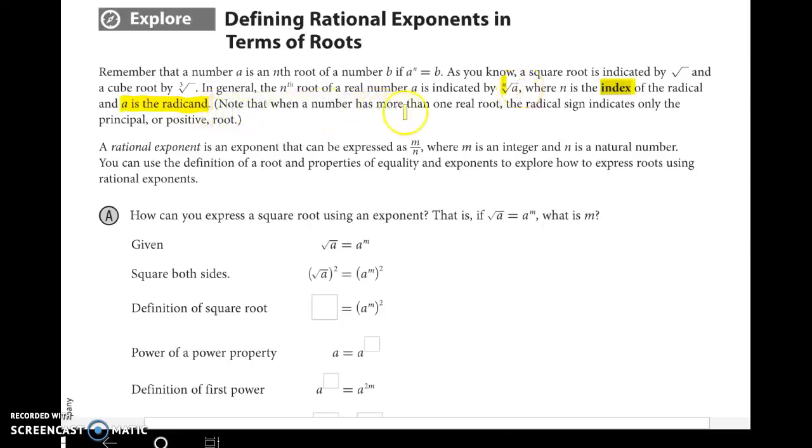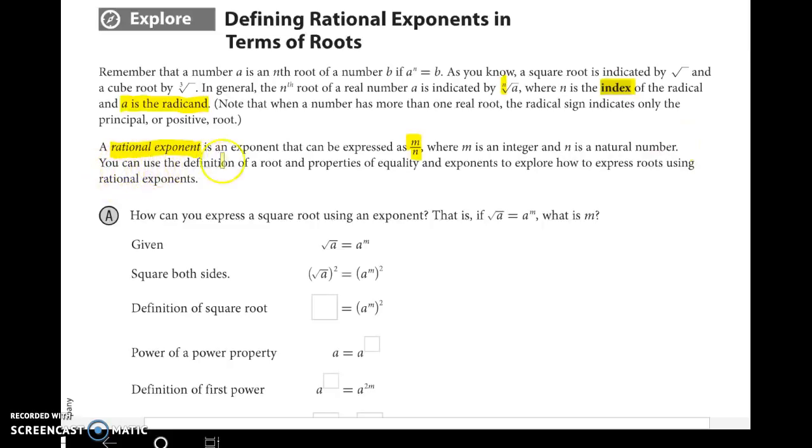Note that when a number has more than one real root, the radical sign indicates only the principal or positive root. So a rational exponent, let's highlight that, is an exponent that can be expressed as m over n. So basically a rational exponent can be represented as a fraction, m over n, where m is an integer and n is a natural number.